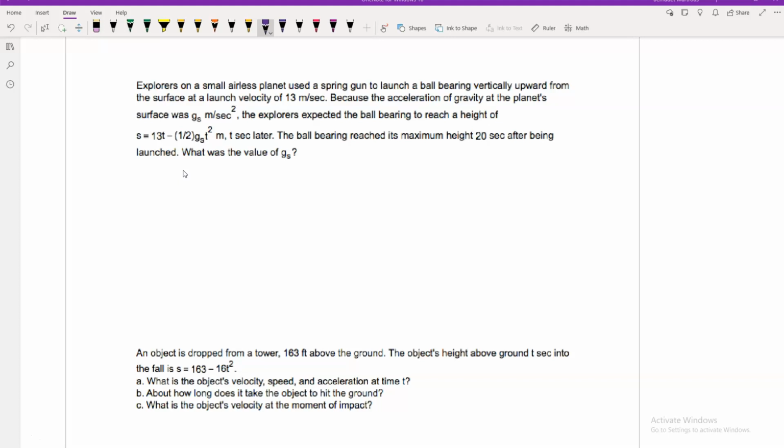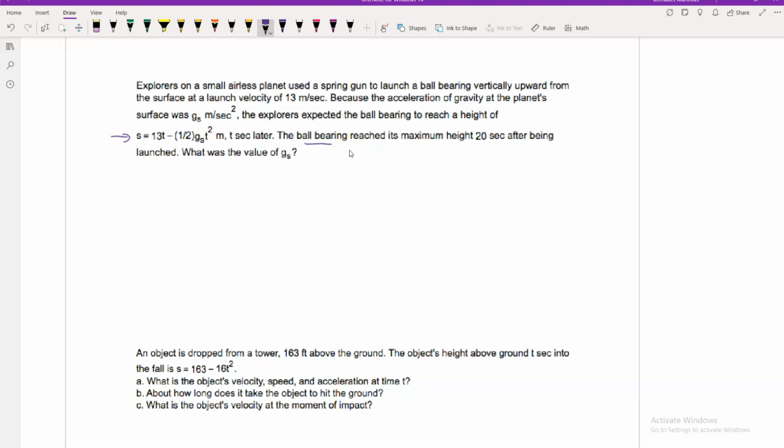Because the acceleration of gravity at the planet's surface was g sub s meters per second squared, the explorers expected the ball bearing to reach a height of s equals 13t minus 1/2 g sub s t squared meters t seconds later. So here is the expression for the position at time t, and g sub s is the acceleration of gravity on this planet.